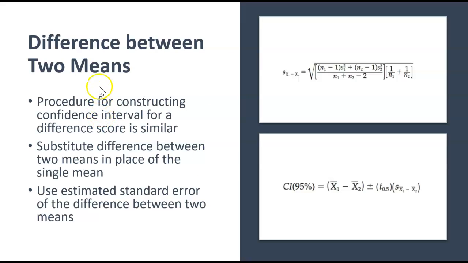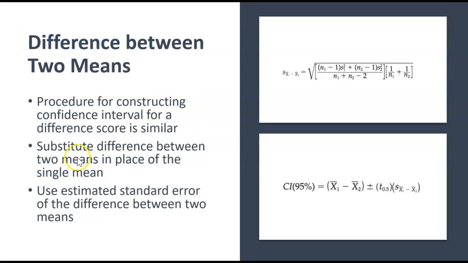adroitly. So when we're using confidence intervals, what we want to do is to construct these intervals for the differences for different scores. So let's say you're comparing the boys and girls in your class of 30, and you want to know how well do the differences between these two groups reflect the differences in a population of the same subgroups.